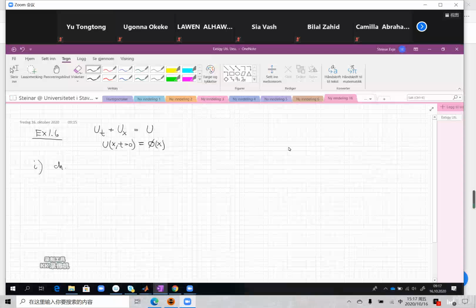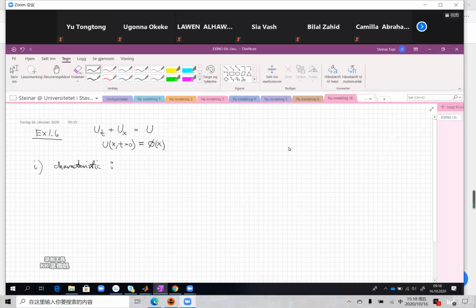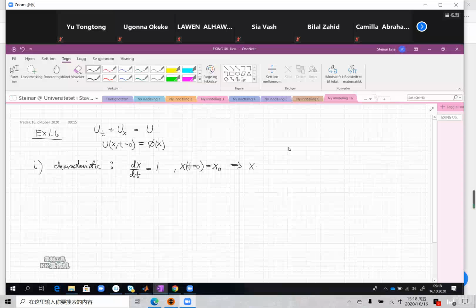So we first solve for the characteristics: dx/dt = 1. With a starting point x0, we directly find that the characteristic is x(t) = t + x0.